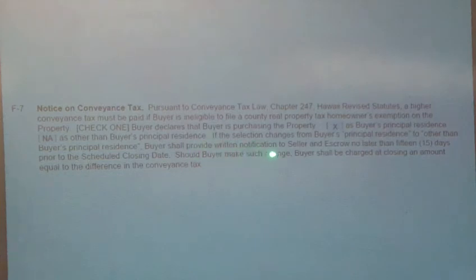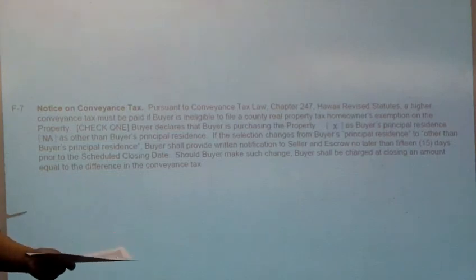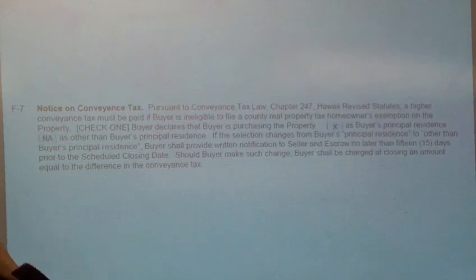Also be aware that it's the buyer that's responsible to provide written notice that the sale has taken place. Okay, just be aware of it. Does the buyer actually have to give the written notice? No. Escrow will do all of that. But one of the documents that the buyer signs at closing is the conveyance tax certificate.